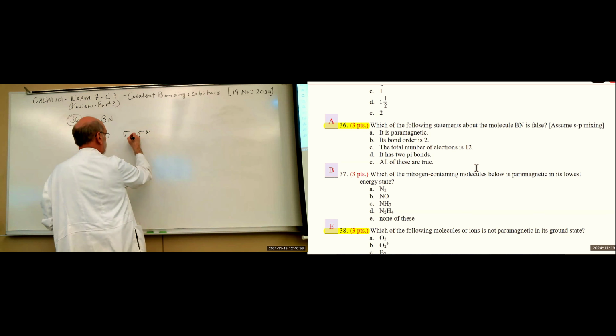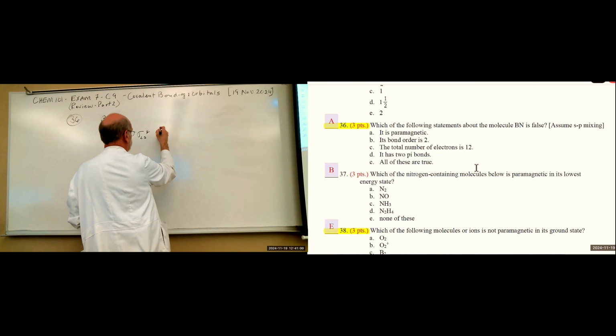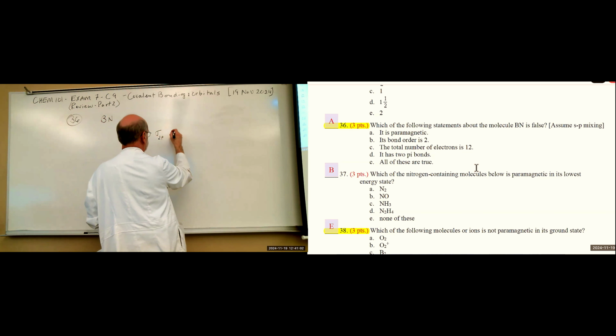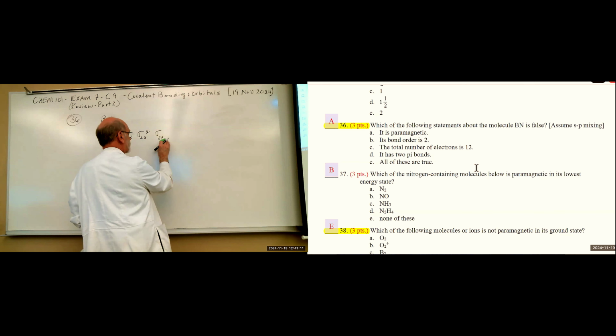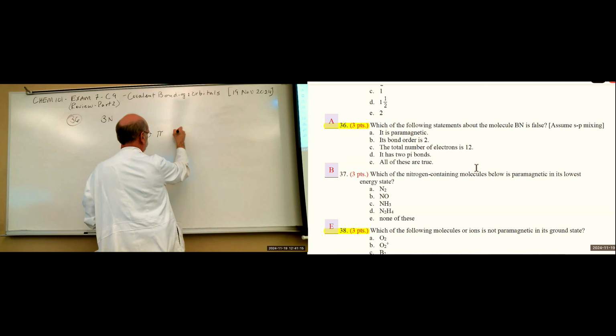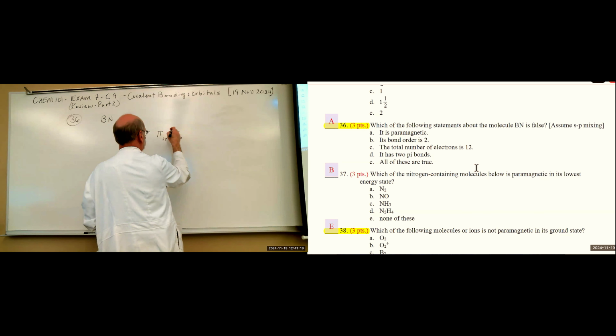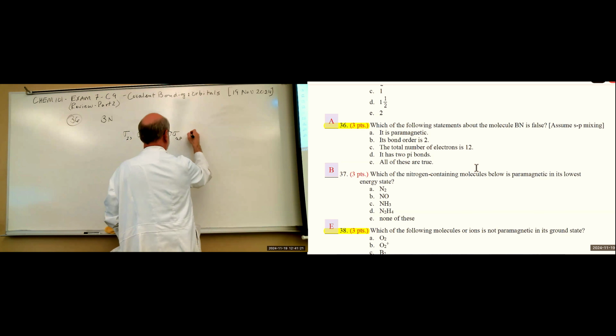Sigma star 2s, 2s. Then we're going to have sigma 2p, and mixing is going to put the pi first, isn't it? Yeah. There we go. And then we're going to have pi star and sigma star, maybe, if we need them.